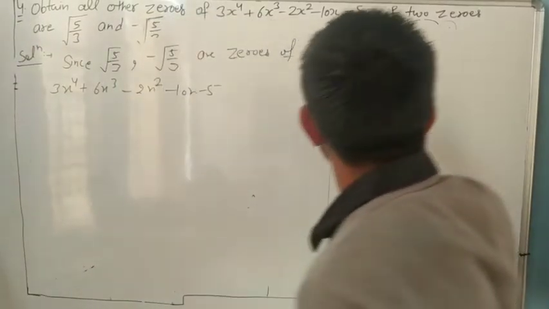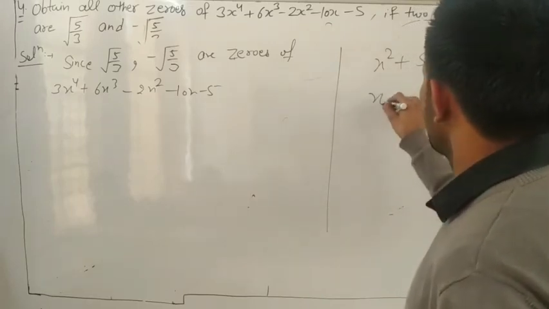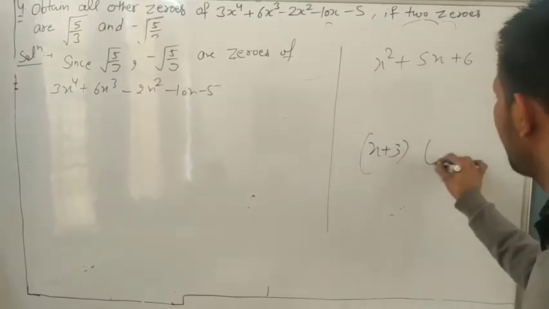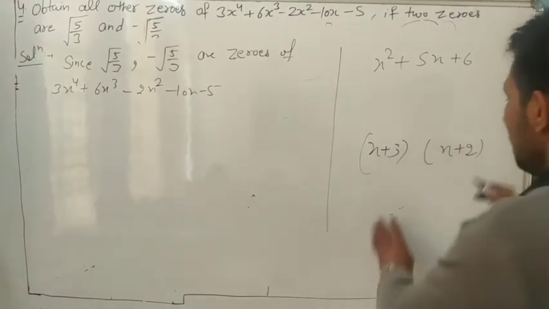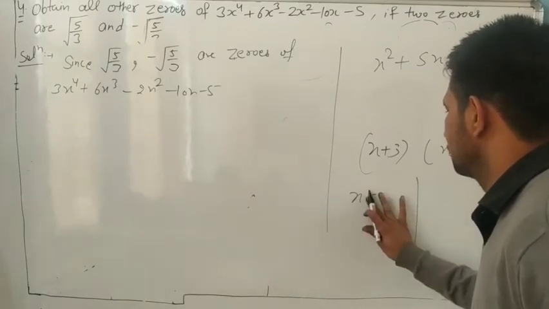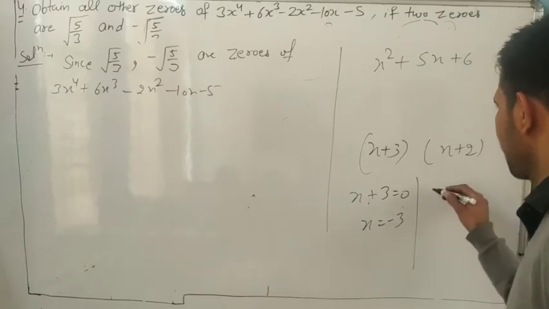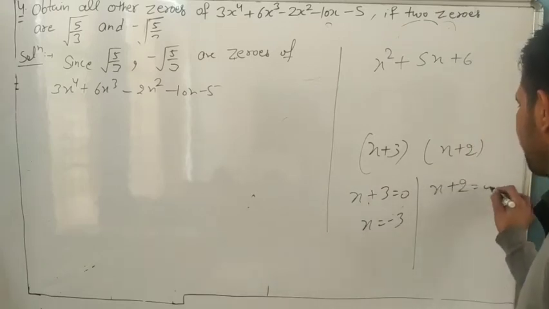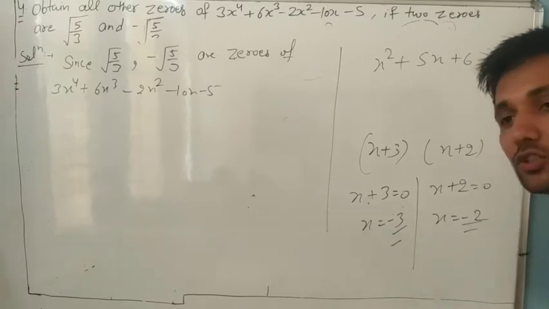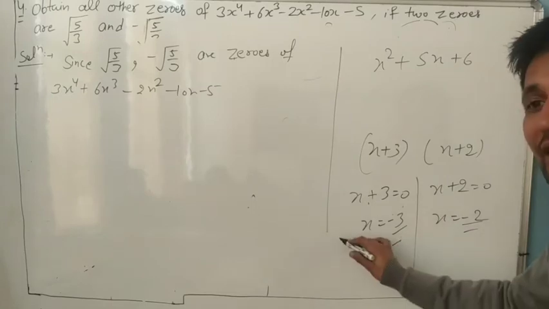In the previous example, dear, do you remember? x square plus 5x plus 6, in the last it becomes (x plus 3) into (x plus 2). We have already discussed. Everyone knows if minus 3 and minus 2 are zeros, then minus 3 on the other side.